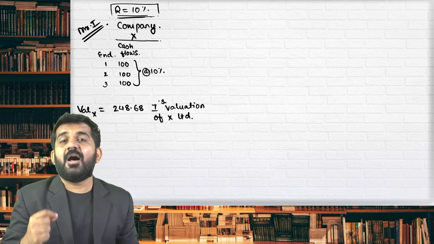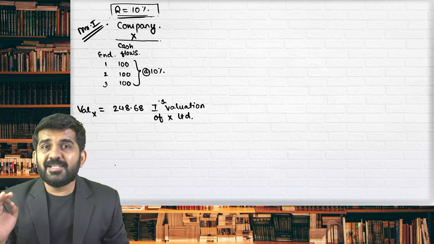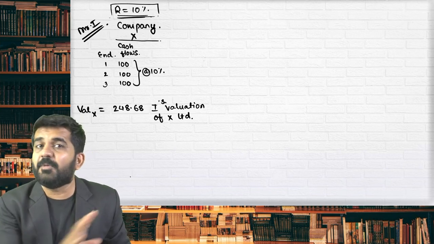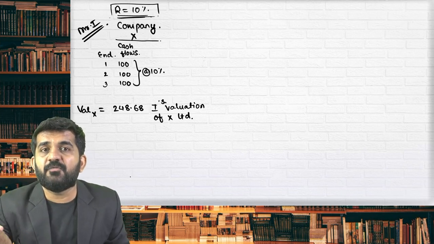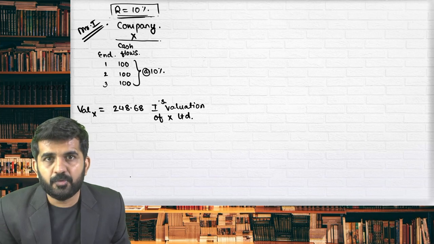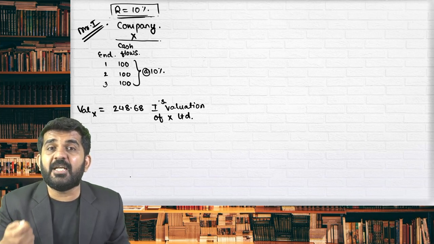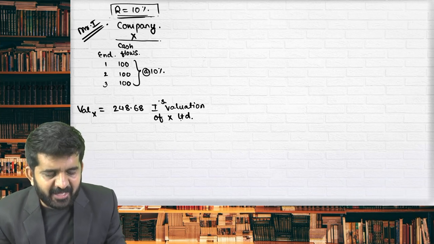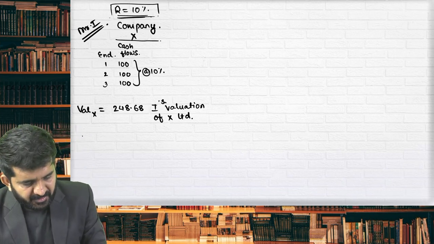Sir, is this the rate at which X Limited is ready to sell the company? The answer is no. Sir, is this the market price of this company? The answer is no. Is it the valuation of this company done by the market? The answer is no. This is I's valuation of X Limited.